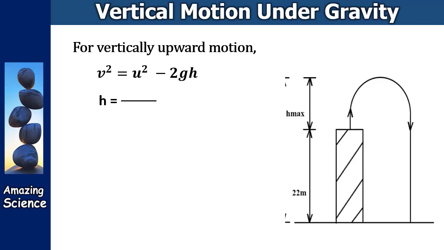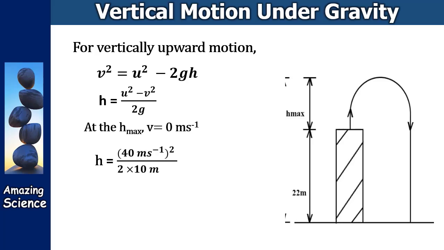When we make h the subject, h is equal to u squared minus v squared over 2g. We know that at the maximum height, v is equal to 0 meters per second. So h is going to give us 40 meters per second all squared divided by 2 times 10 meters per second squared. h gives us 80 meters.